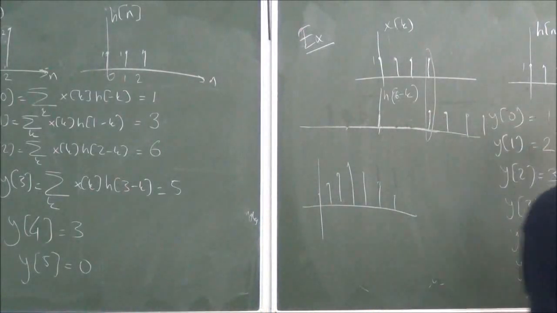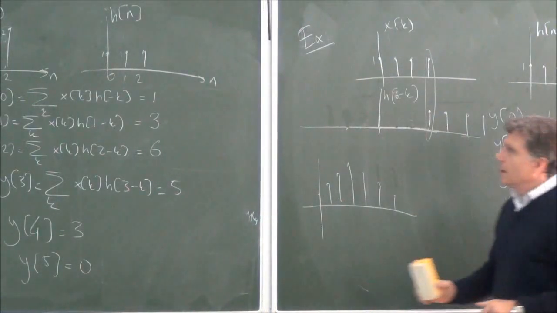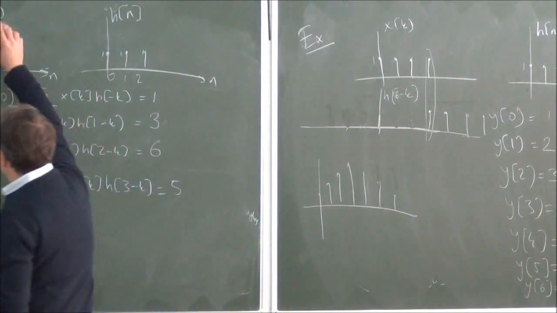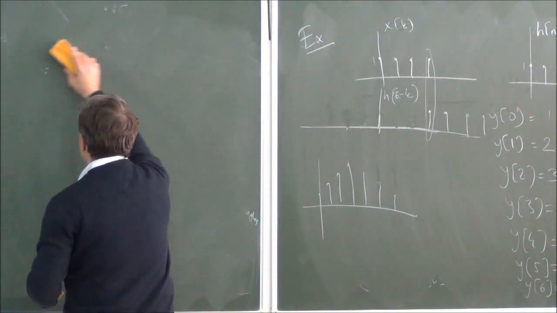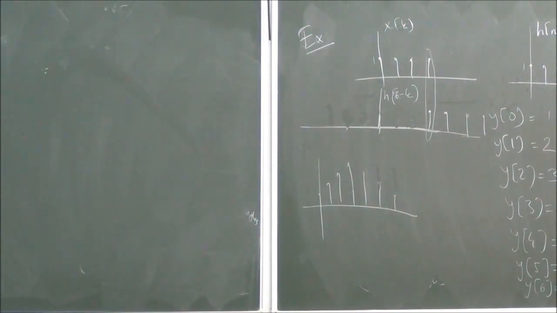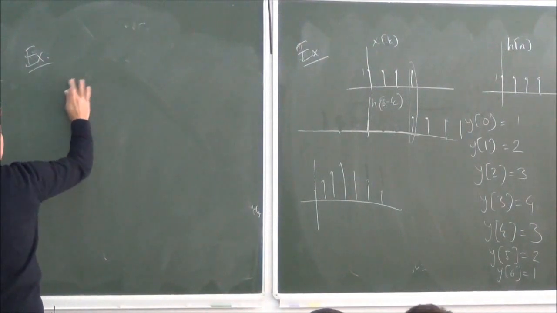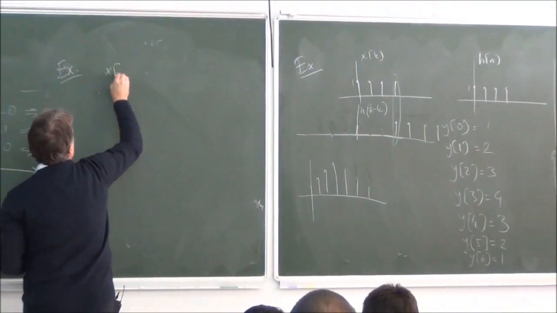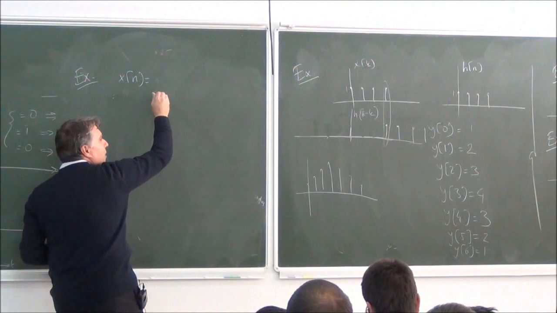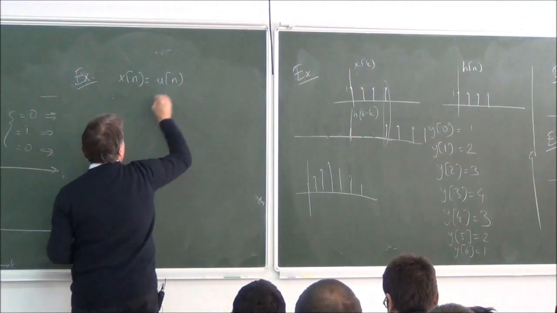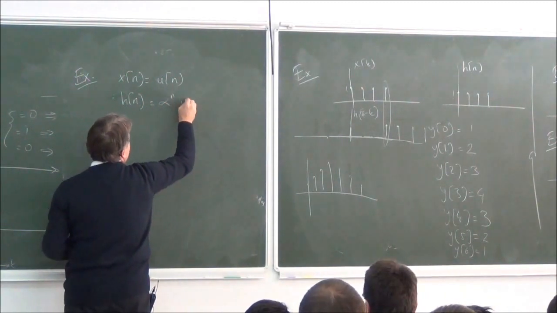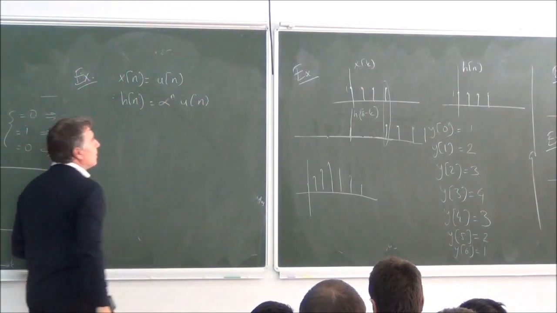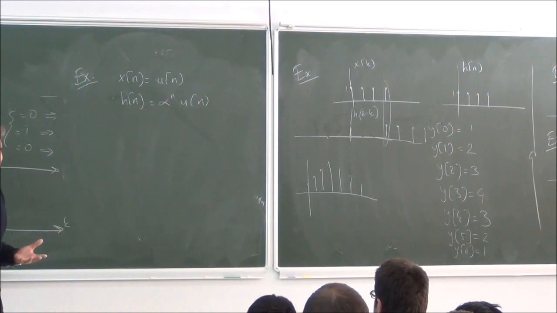But can you find the convolution of these two using this graphical or geometrical methodology, which is this? Again, x of n is equal to u of n, h of n is equal to alpha to the n u of n. Now what?